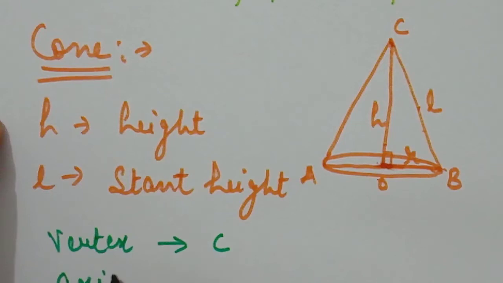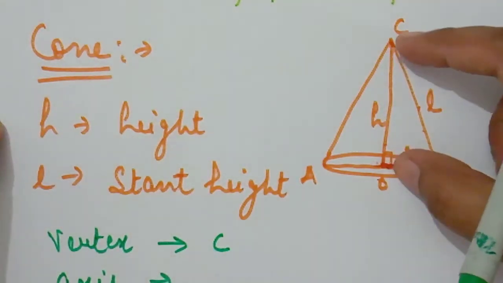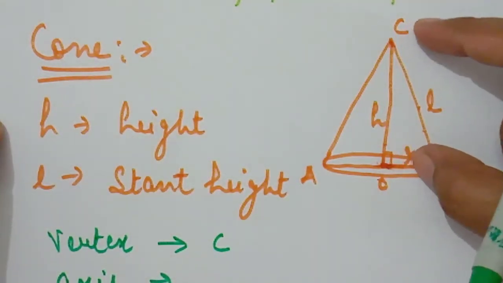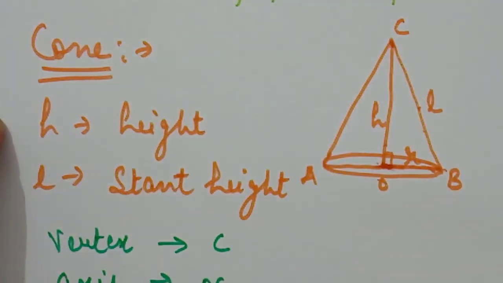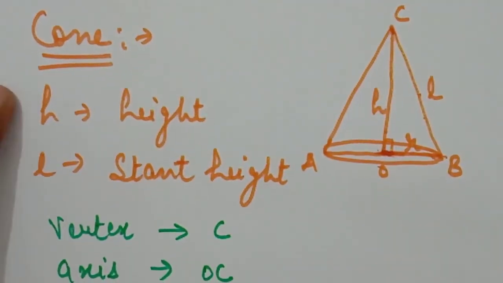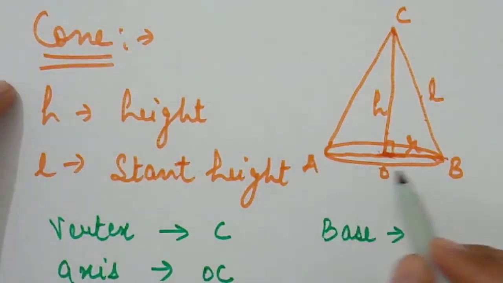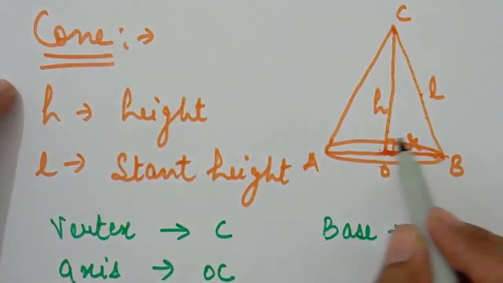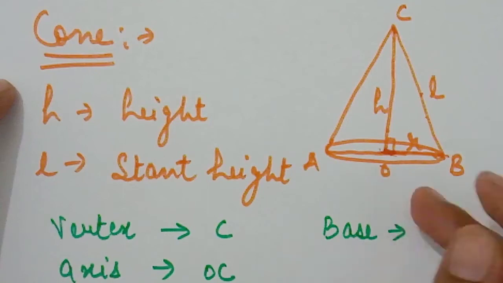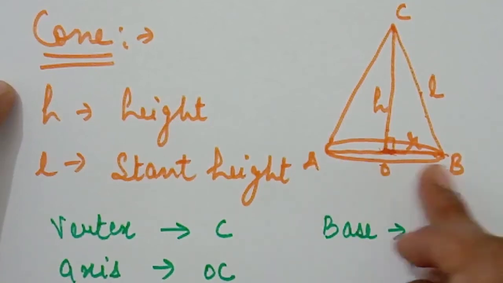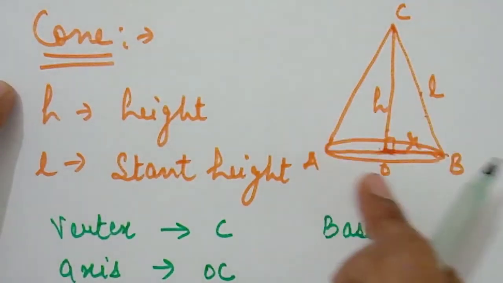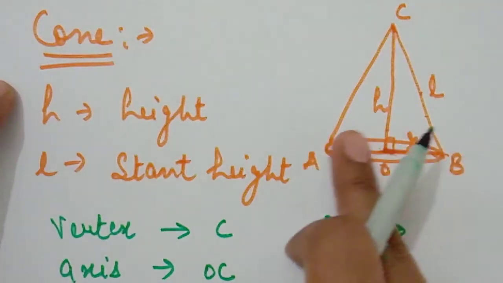The fixed line OC is called the axis of the cone, and the base is the circular base. A cone has a circular base, a plane end with the circular shape, which we call the base of the cone. This is the base of the cone.